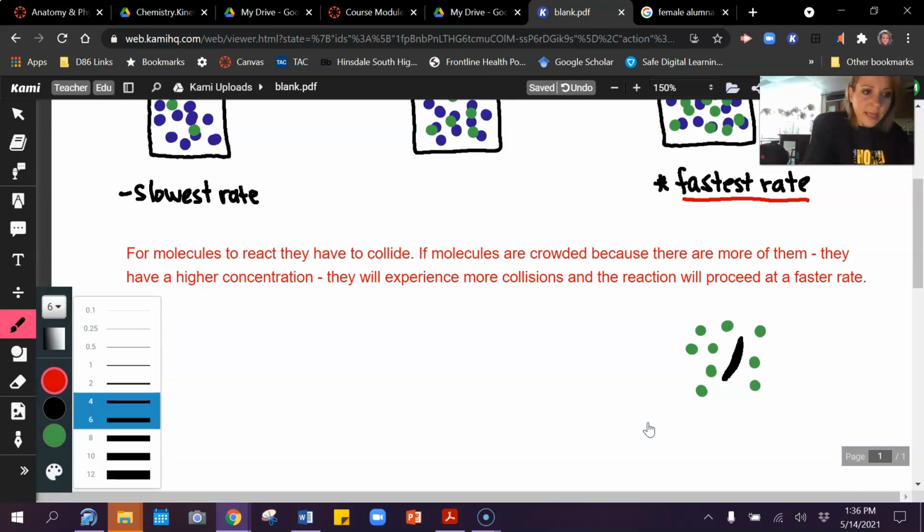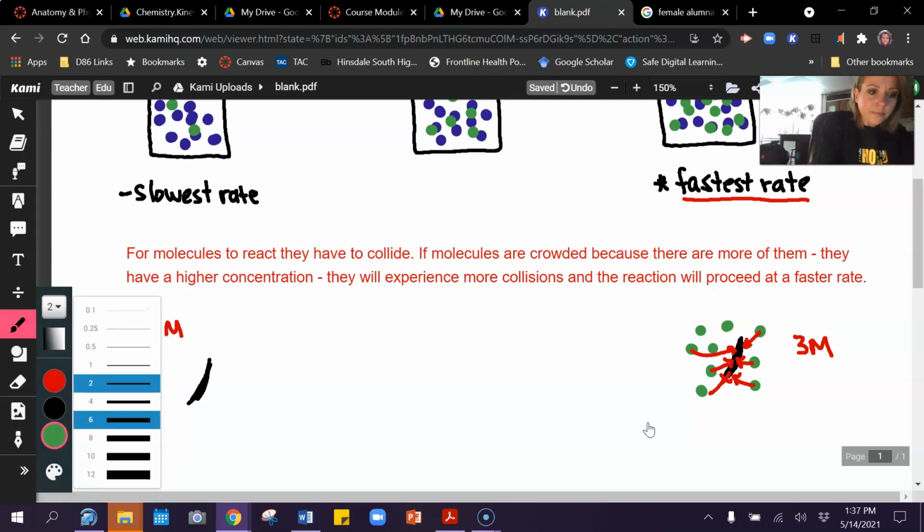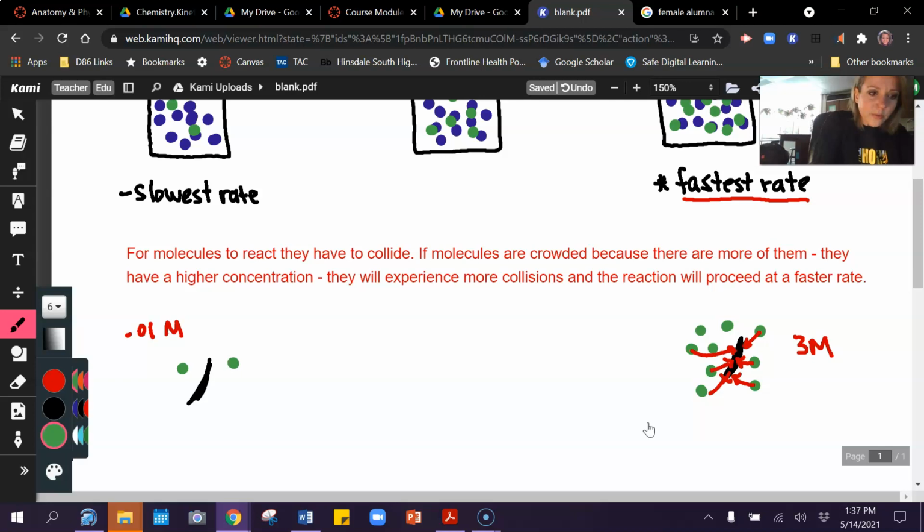Then what's going to happen is that we're going to get many more collisions between our hydrochloric acid and our magnesium metal, whereas with our 0.1 molar solution, we have fewer of these hydrochloric acid molecules, and so we're not going to get nearly as many collisions as we do with our 3 molar.